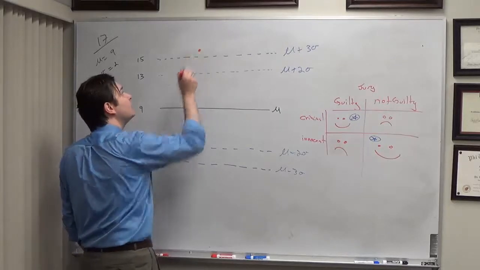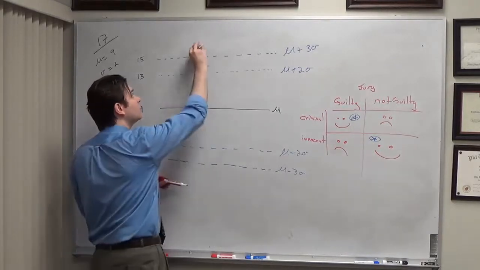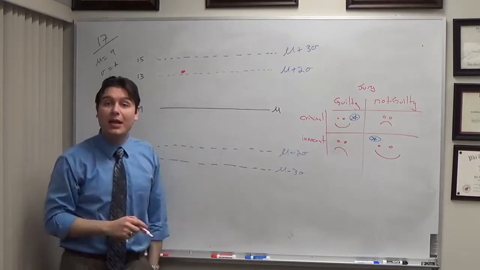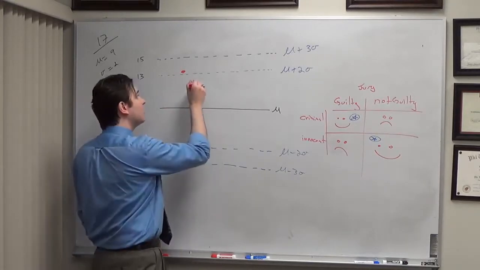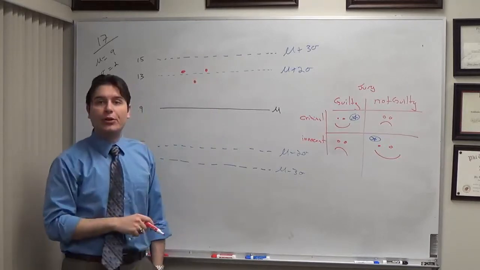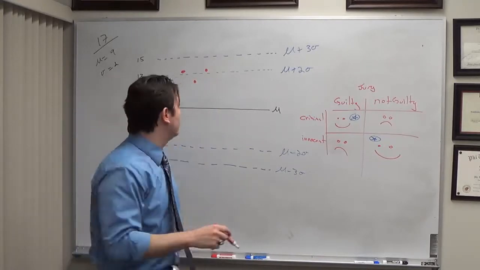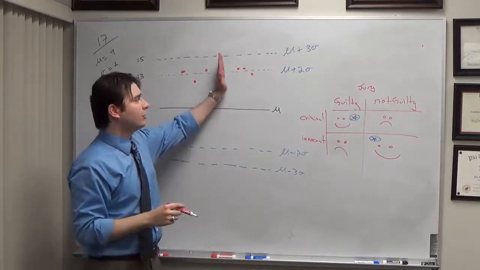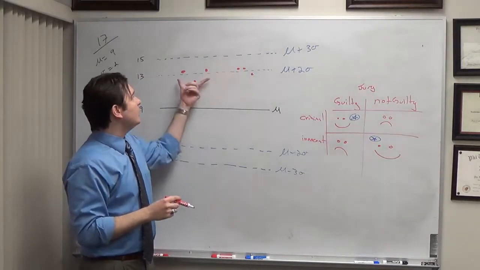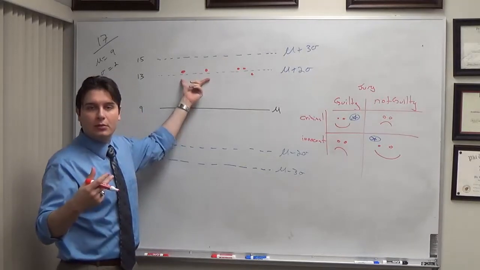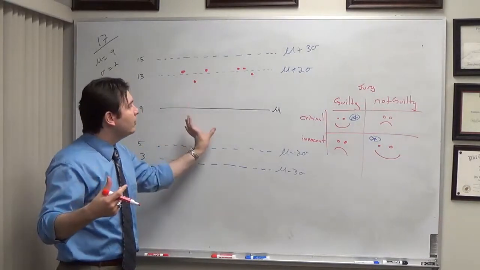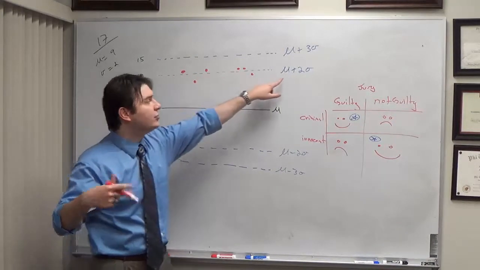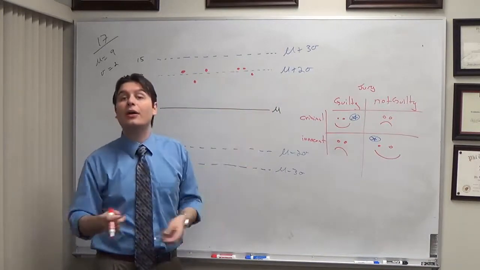So remember, this would be out of control. This, by itself, would not be out of control. But this would. This would also be out of control. Anytime you've got 3 in a row that are on the same side of mu, and at least 2 of those are above 2 standard deviations, you're out of control.